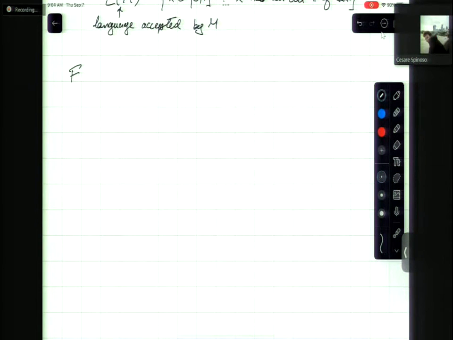Okay. So another example. Now, what I did is I gave you a DFA, and then I showed you through some examples what language it accepted. So now I'm going to try to do it the other way.